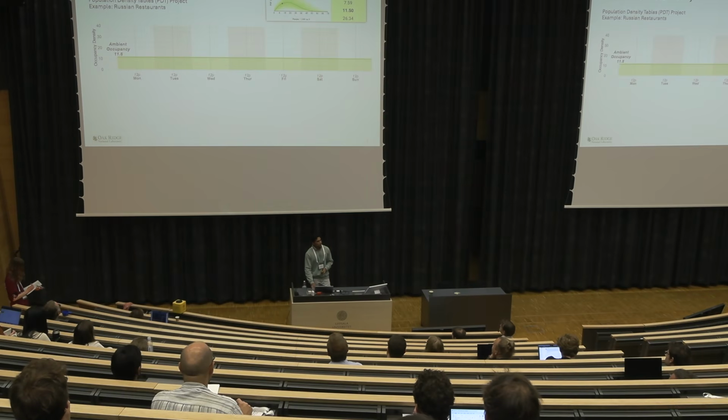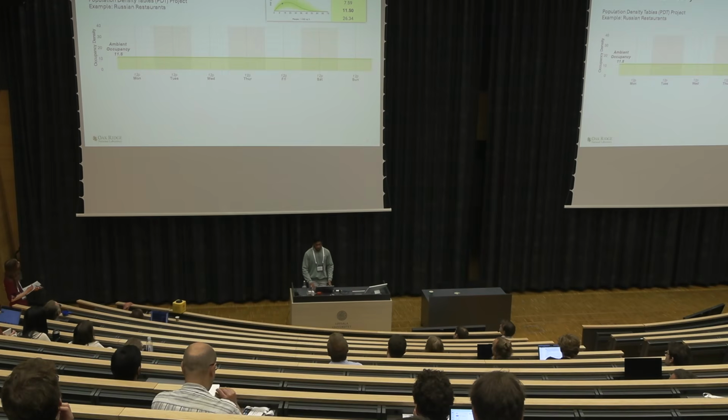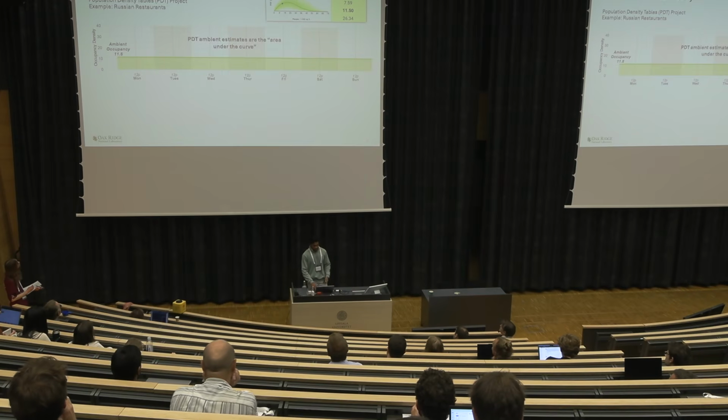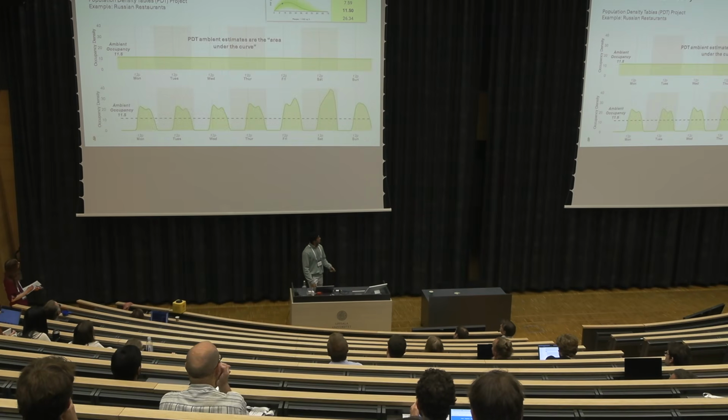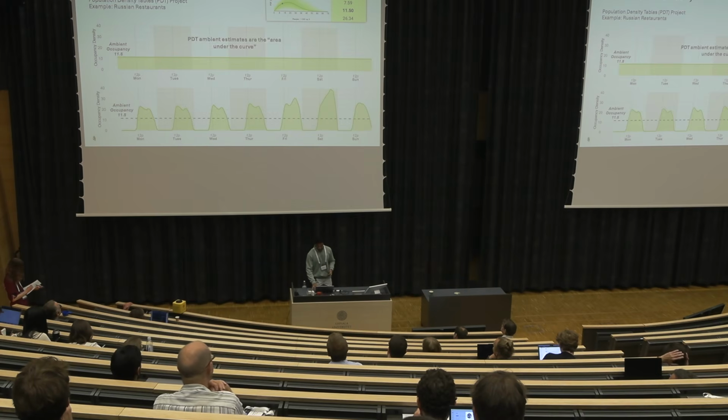But this is just a single number, and it's insufficient. The true scientific task is much deeper. That is, given that aggregate number of 11.5, how can we estimate the underlying distribution that details the hourly occupancy curve, where the average is still that 11.5 number, but we get to discover a lot more activity, that is intraday, intra-week.